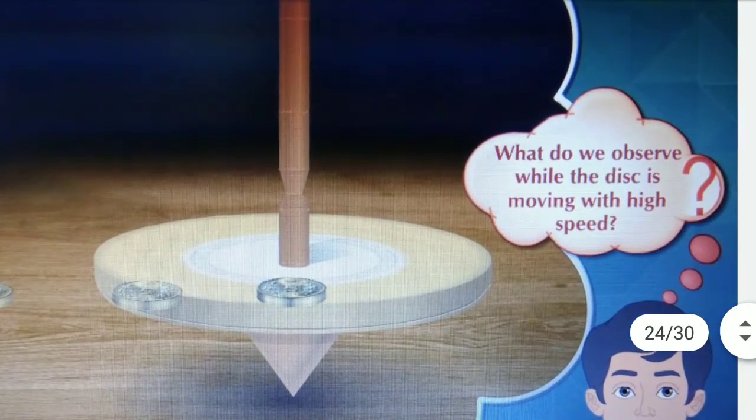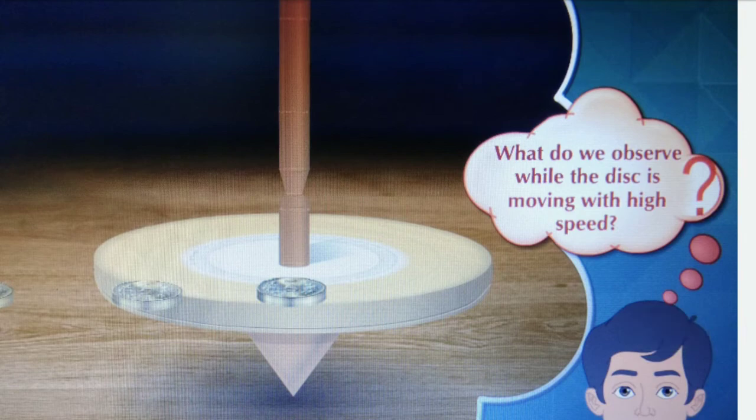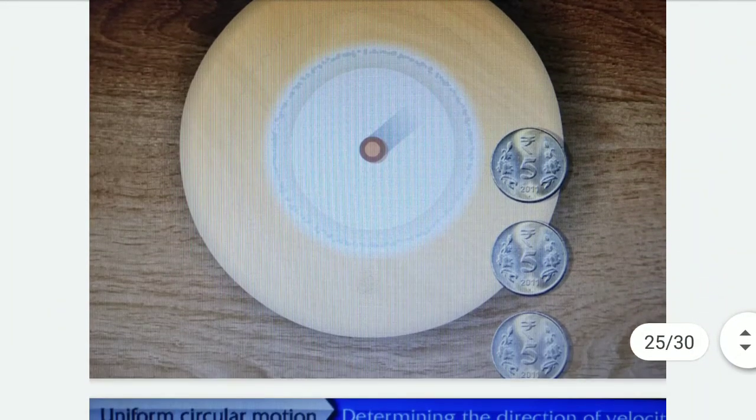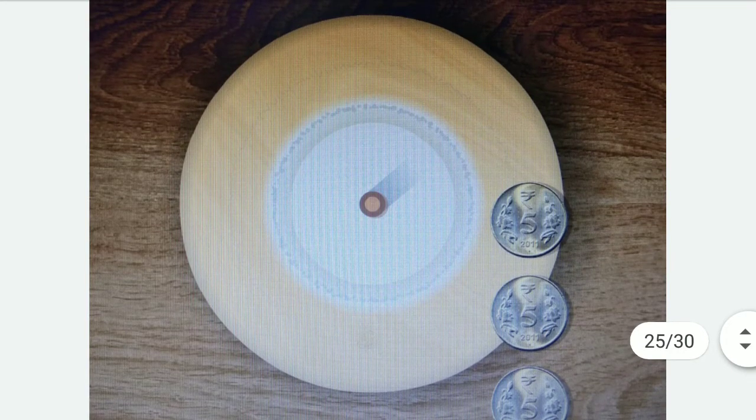What would we observe while the disc is moving with high speed? We can see the coin gets thrown off as shown in this picture.